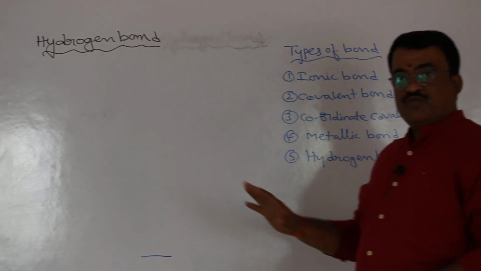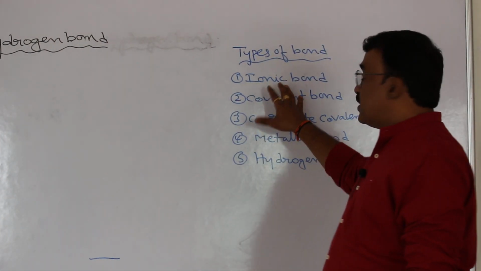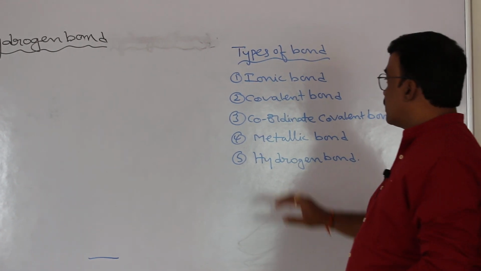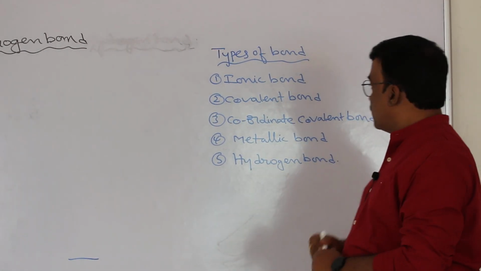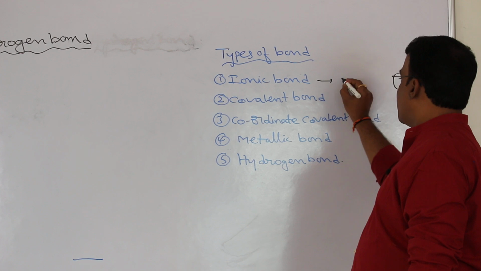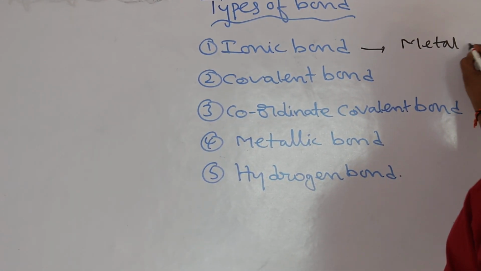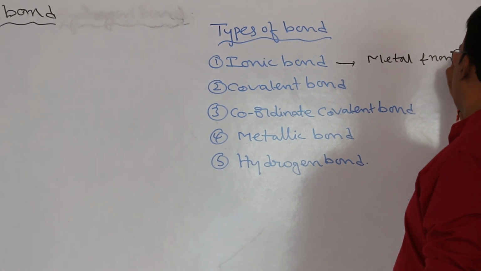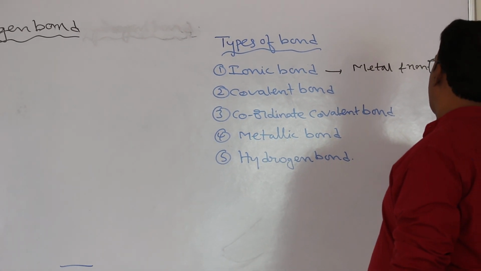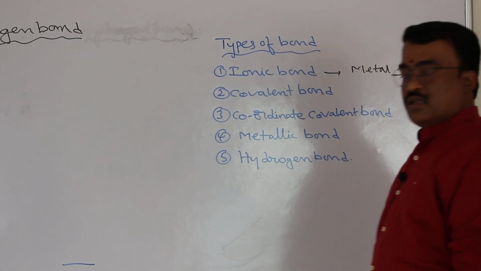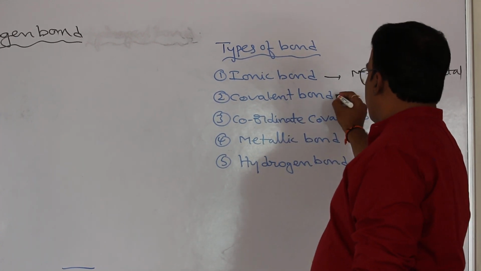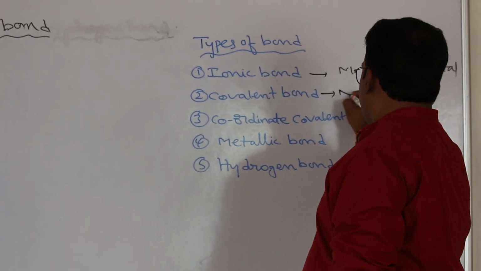If you see the types of bonds, we have different types of bonds. Ionic bond, which is between the metal and non-metal. Covalent bond between the two non-metals.